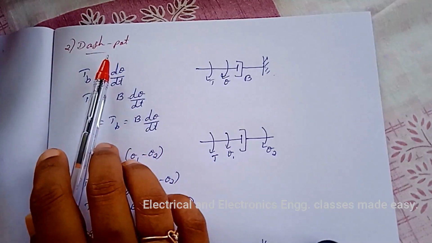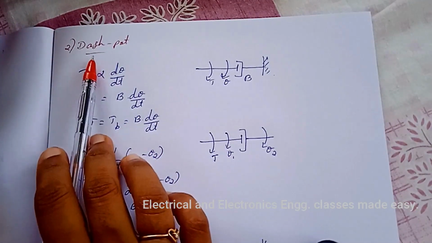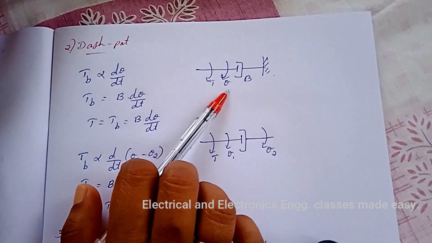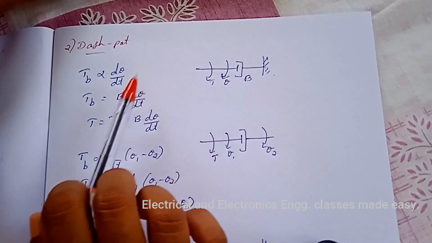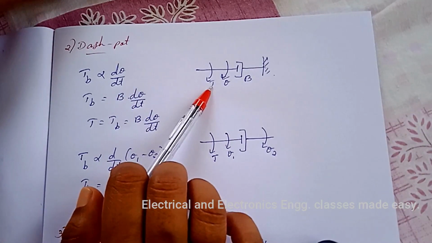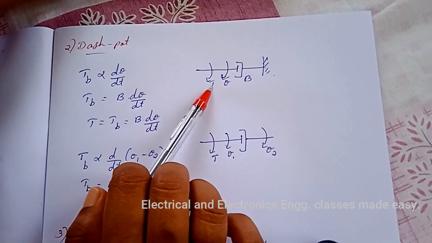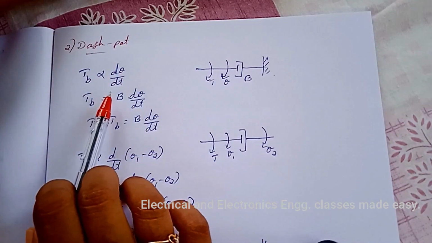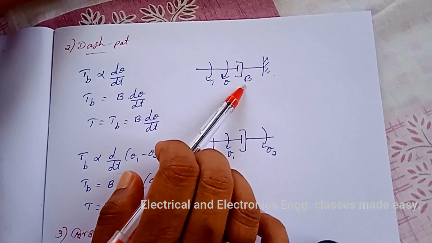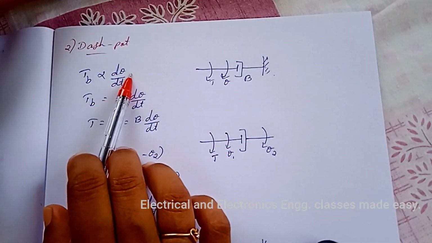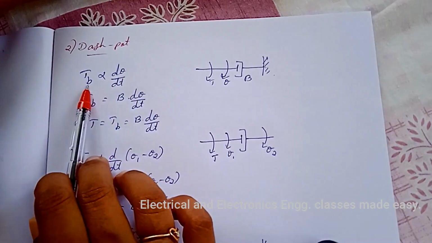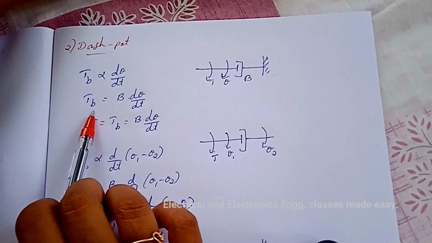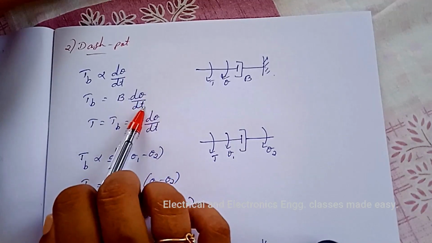Next, consider an ideal frictional element, dashpot. Let the applied torque be T, then the dashpot will offer an opposing torque which is proportional to the angular velocity of the body, that is Tb is proportional to d theta by dt, or we can write Tb is equal to B into d theta by dt.